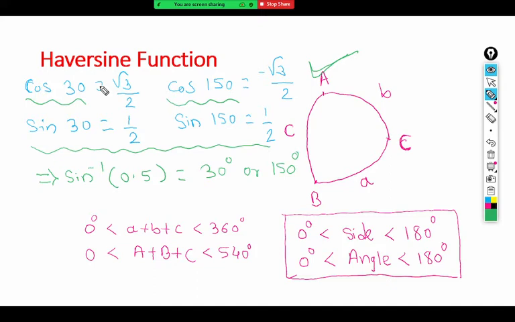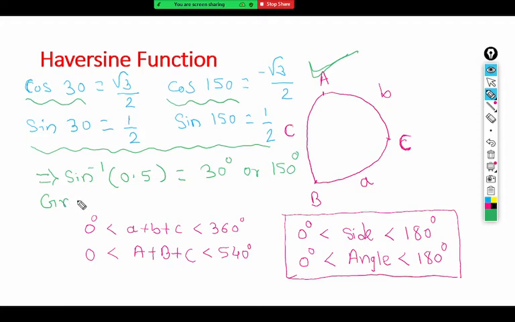To decide the correct angle, generally one property is used, the property of a spherical triangle that I told in the last session, property number 6. Does anyone remember that property? Greater side has greater angle opposite to it.